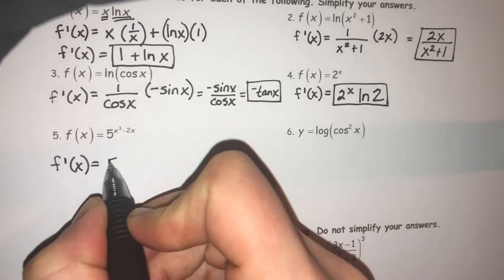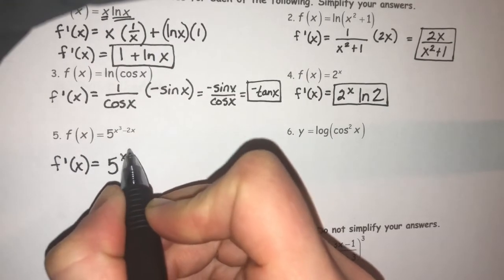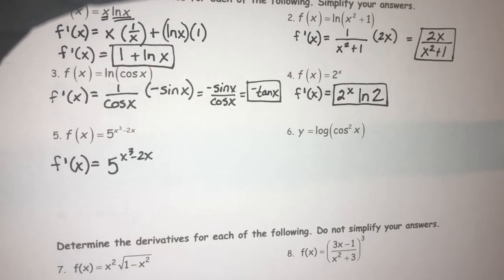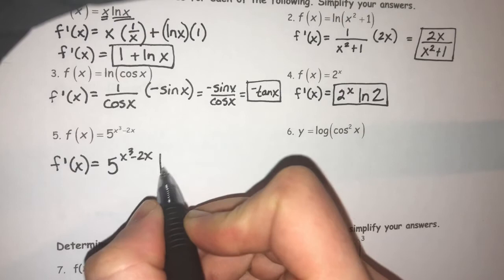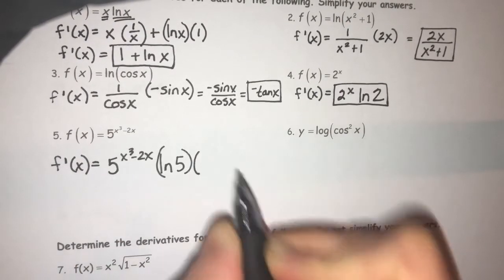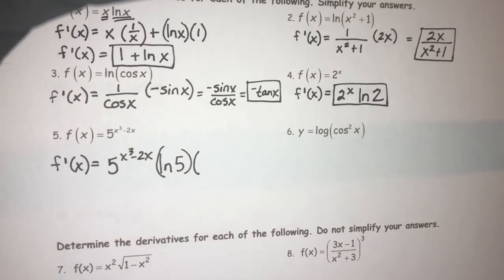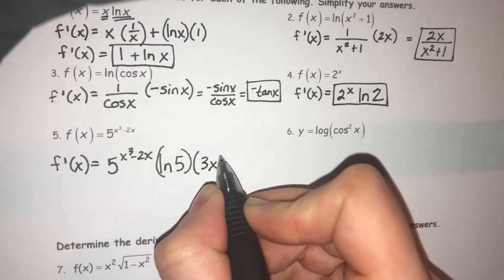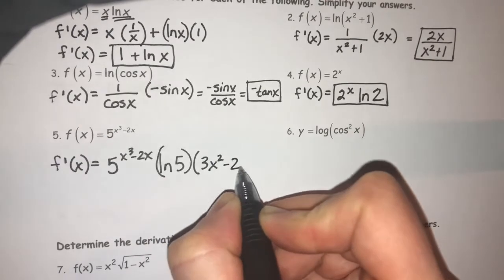And in the place of the x, we're going to copy the inside function. So it's 5 to the x cubed minus 2x, which is the inside function copied in its place, times the natural log of 5. And then we have to multiply by the derivative of the inside function, which is 3x squared minus 2.